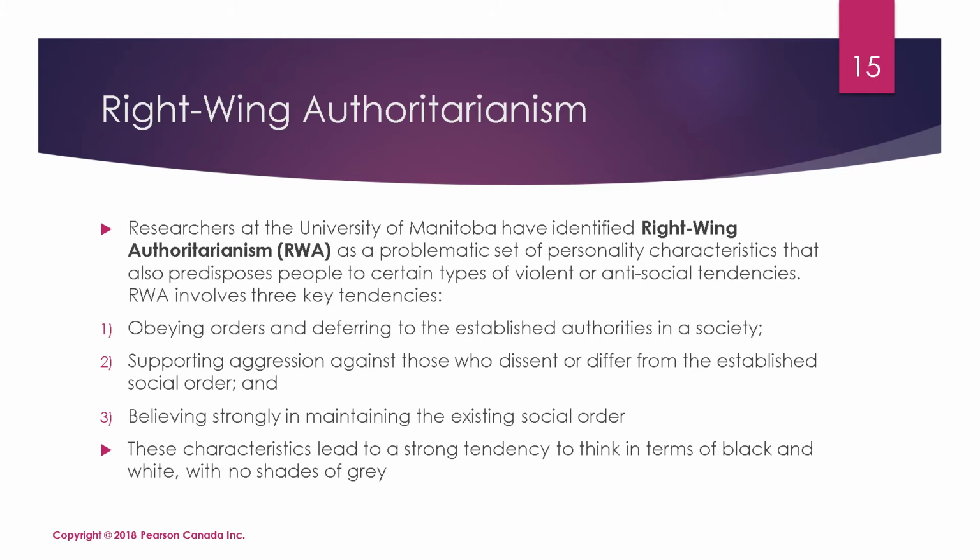A lot of great personality research going on here in Canada. Those researchers identified right-wing authoritarianism, and they call this a problematic set of personality characteristics that also predisposes people to certain types of violent or antisocial tendencies. People who are right-wing authoritarians basically have three key tendencies.